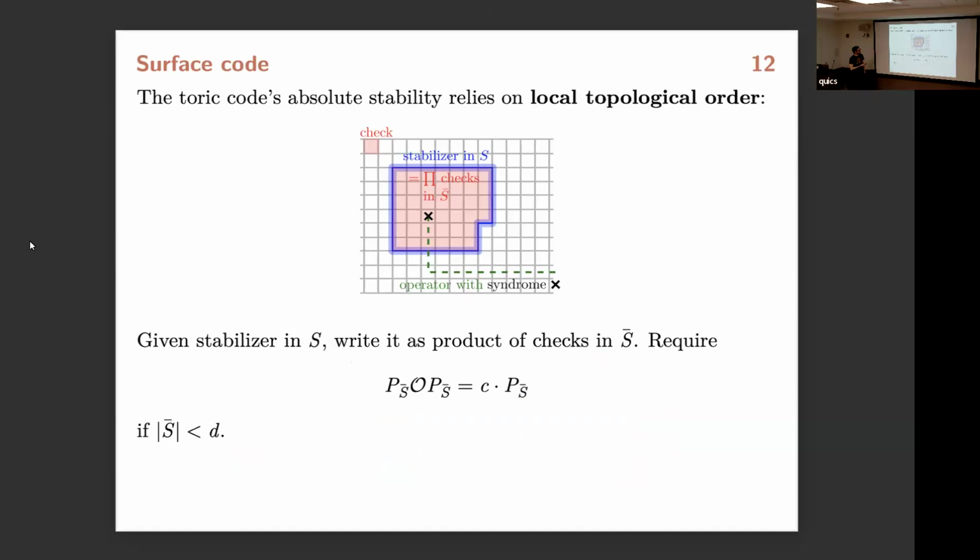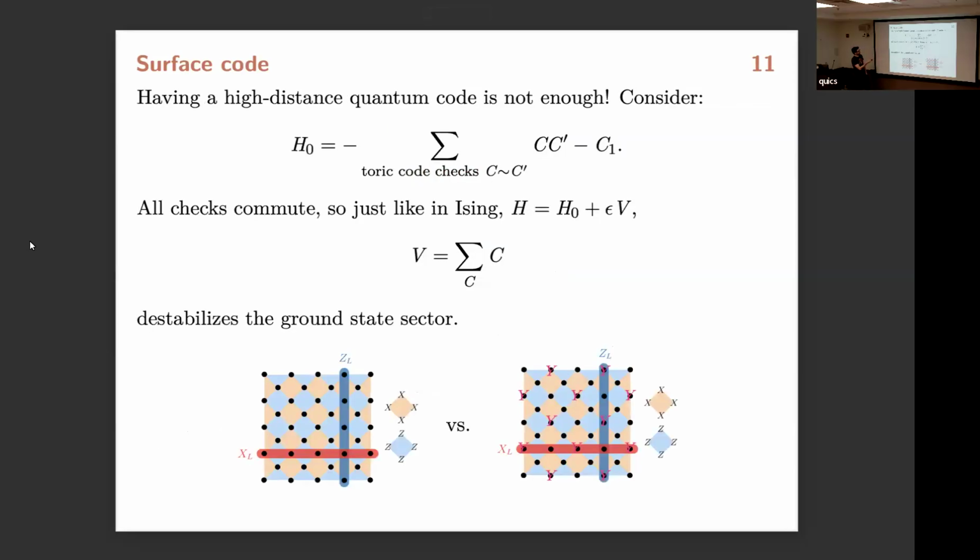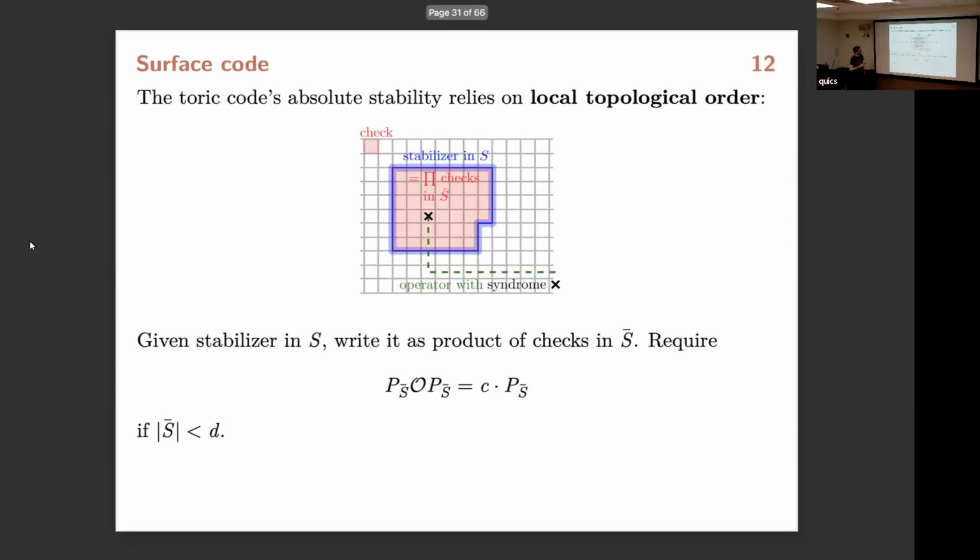In particular, if we take any check in any one of these loops, we can always write it as a relatively small number of these C's that show up in the bare toric code Hamiltonian, not in this H naught. I'll later call that check soundness.